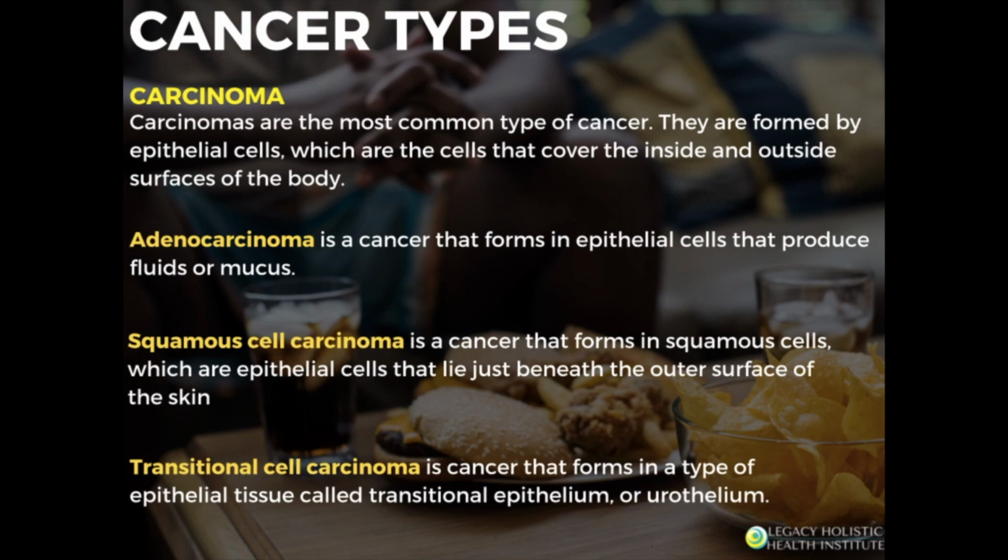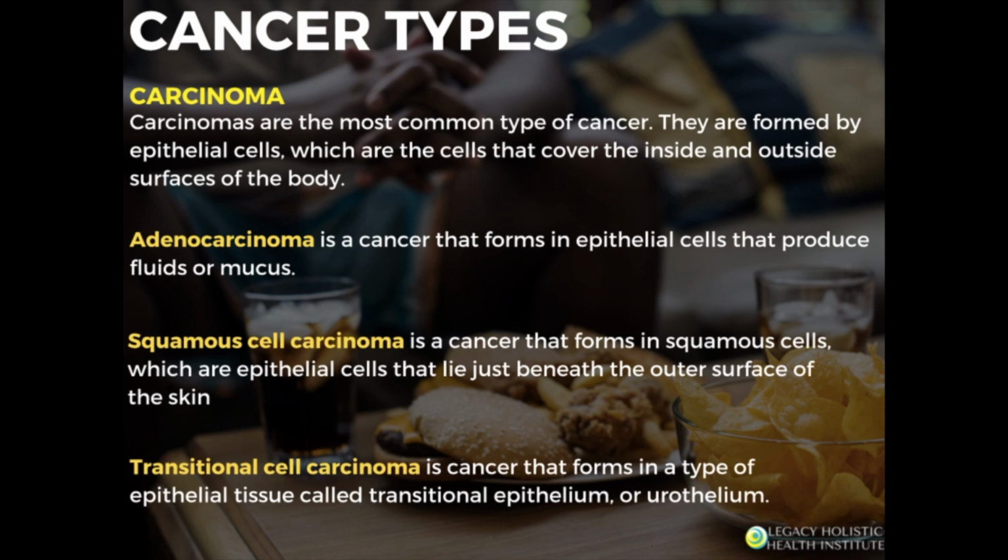Basal cell carcinoma is a cancer that begins in the lower or basal layer of the epidermis. Now, this is the person's outer layer of the skin. Squamous cell carcinoma is a cancer that forms in the squamous cells. These are the epithelial cells that lie just beneath the outer surface of the skin.